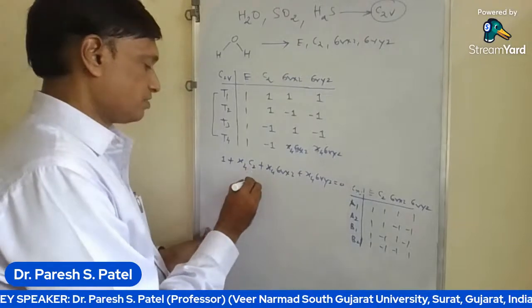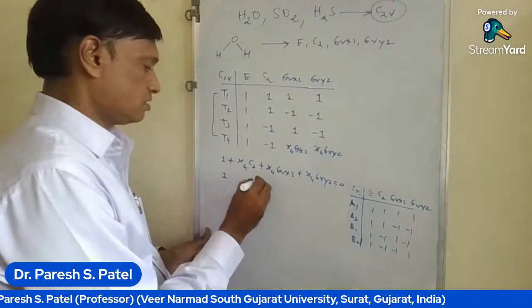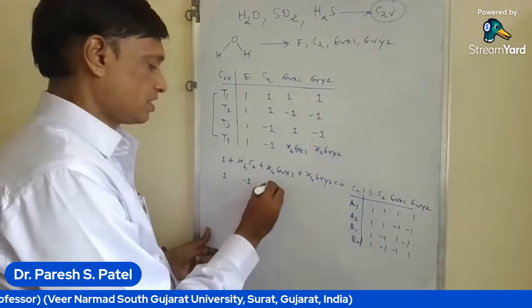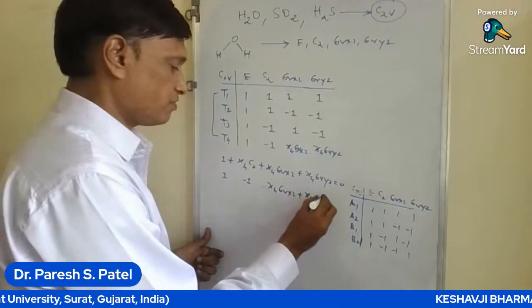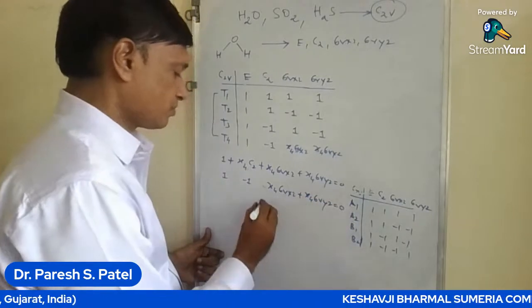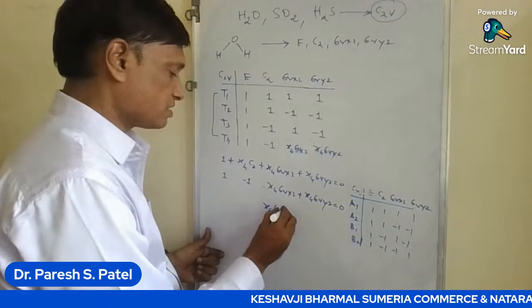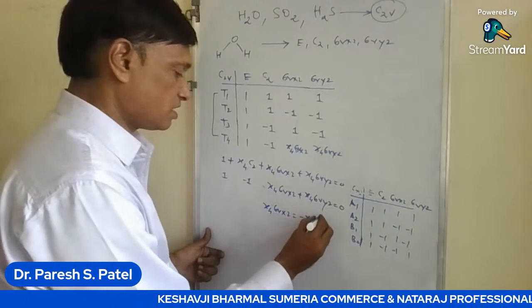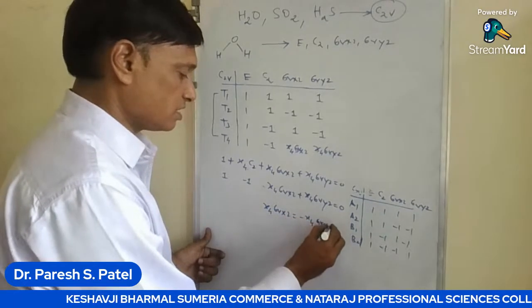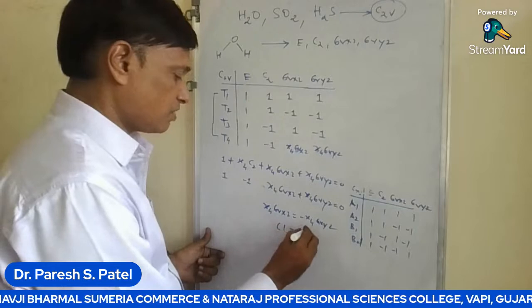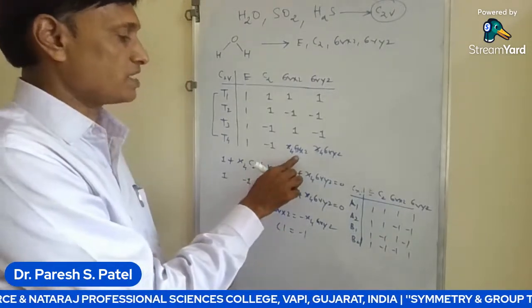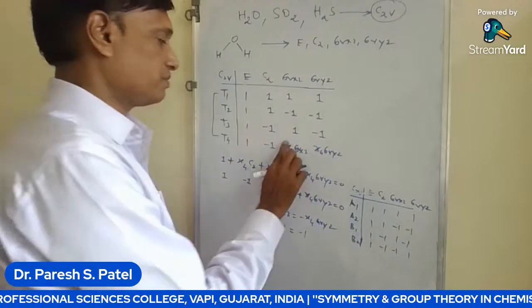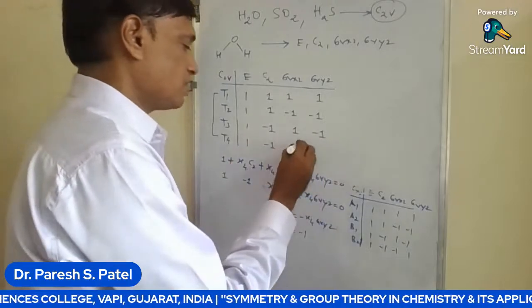So character 4 sigma v xz plus character 4 sigma v yz is equal to 0. It means character 4 sigma v xz is equal to minus character 4 sigma v yz. It means when the value for sigma v xz is equal to minus 1, sigma v yz should be plus 1. So minus 1 and 1.